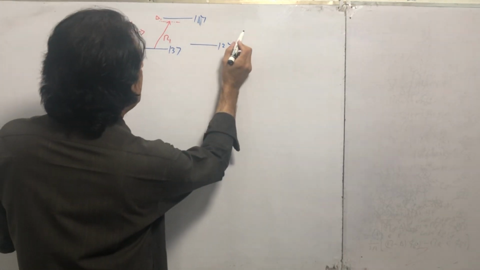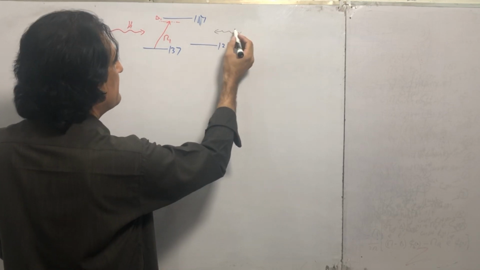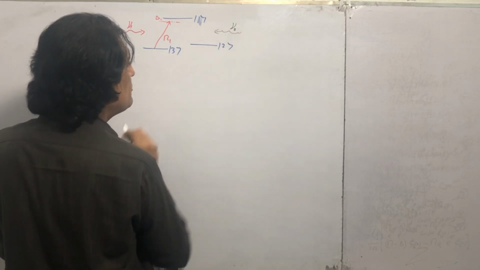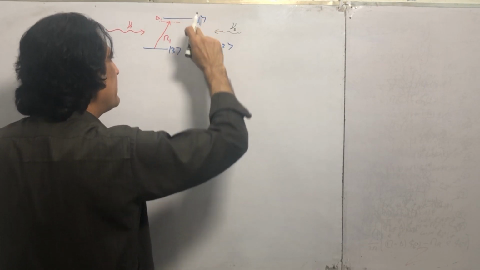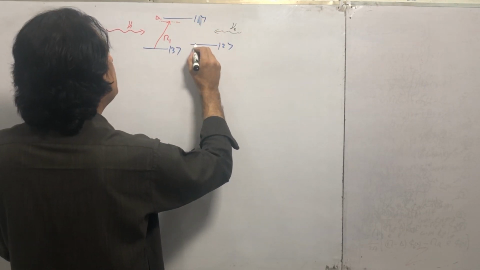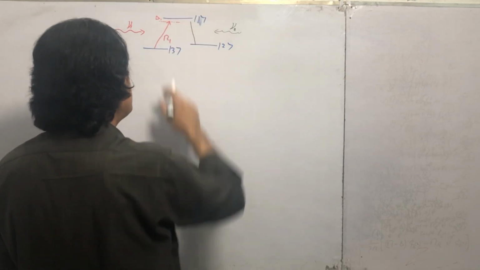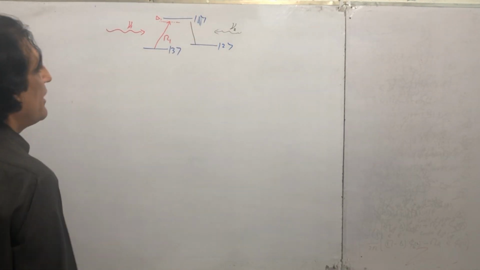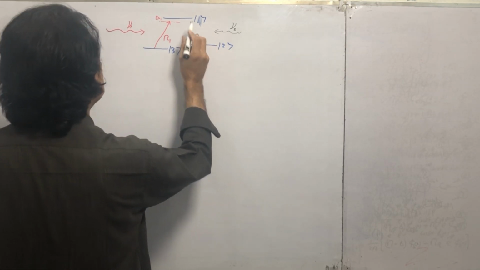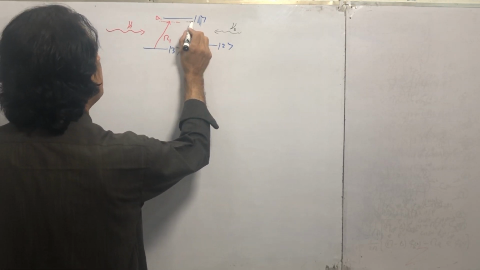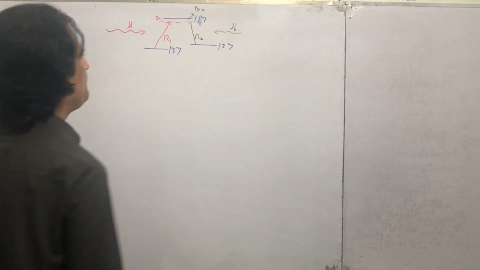And from this side we have another field which has frequency ν2, and this is interacting between levels 1 and 2. Then the electron will oscillate between 1 and 2 with some Rabi frequency, let's say Ω2, and this has some detuning Δ2.